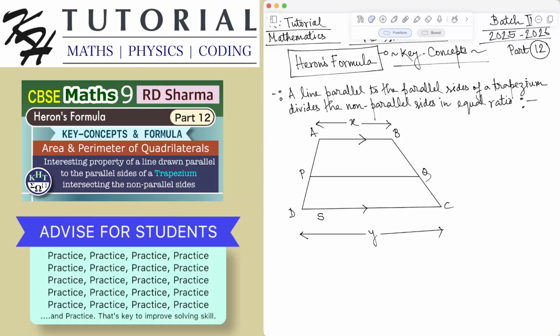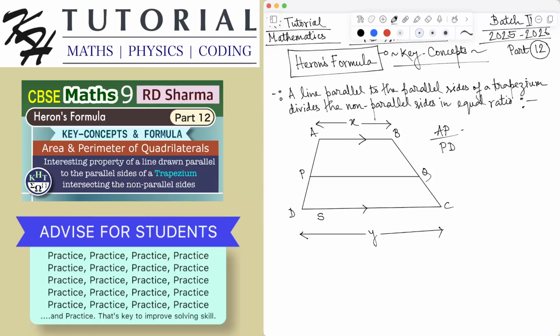Now the thing is that since the line PQ is parallel to the parallel sides AB and DC, the point P is dividing the non-parallel side AD in the ratio AP by PD.